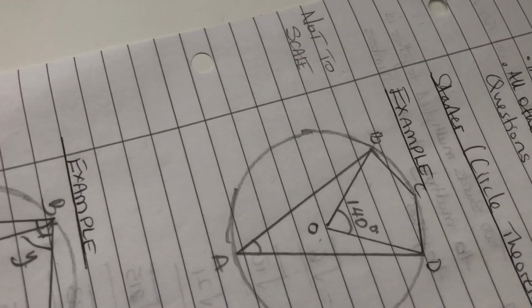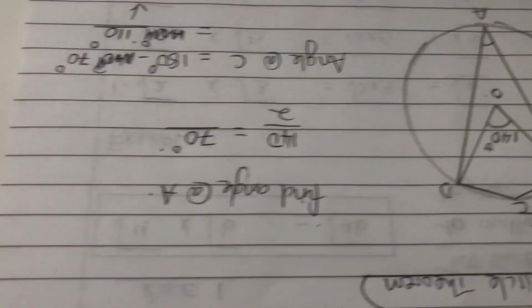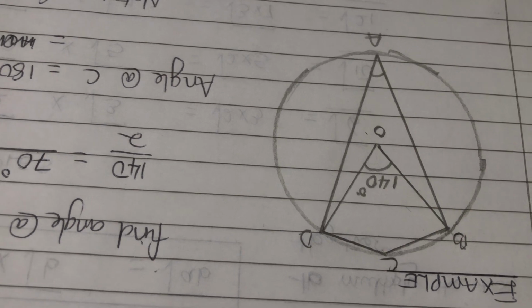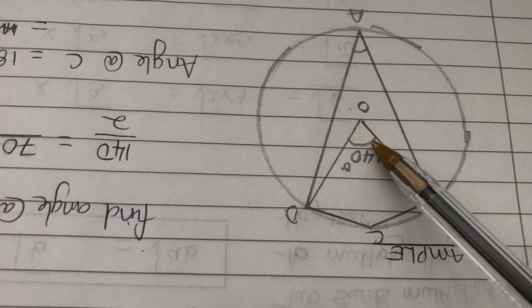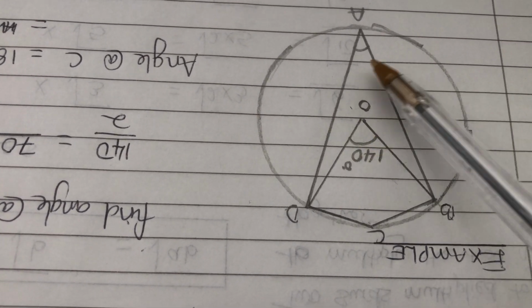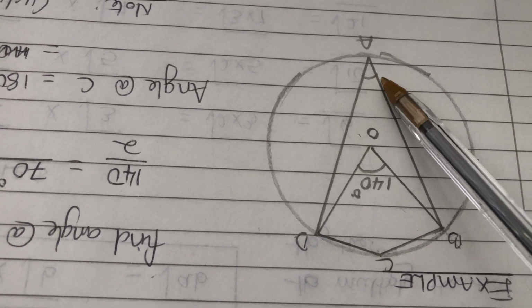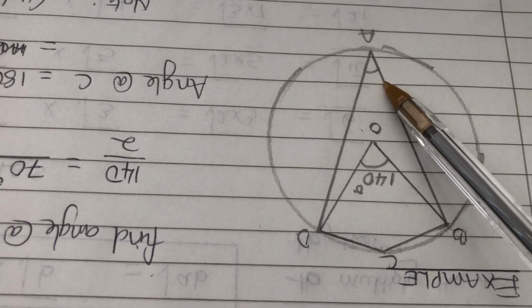Assuming I turn my script upside down, it will make more sense, because if this is 140, the angle at the center, then straight away the angle at A will be 70.